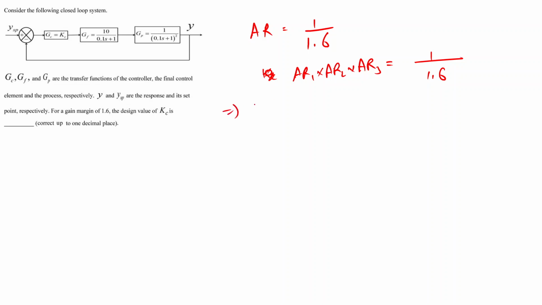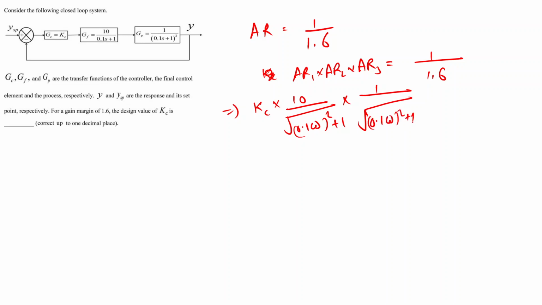That is Kc into 10 upon under root of 0.1 omega whole square plus 1, into 1 upon the root of 0.1 omega whole square plus 1, and since here we have this square, this will be squared again.